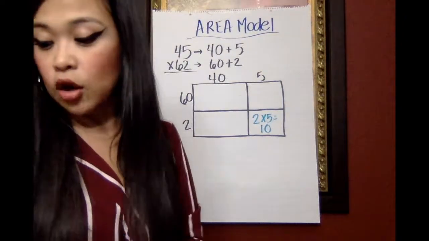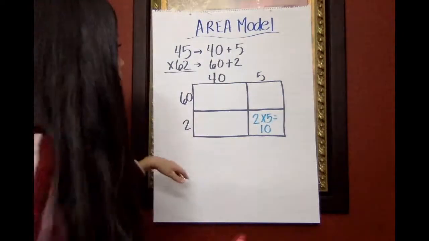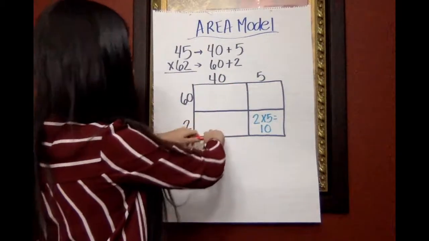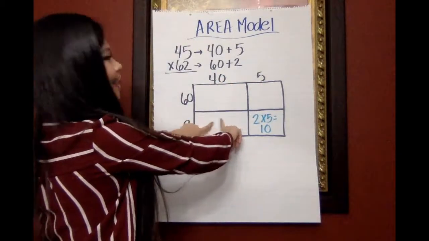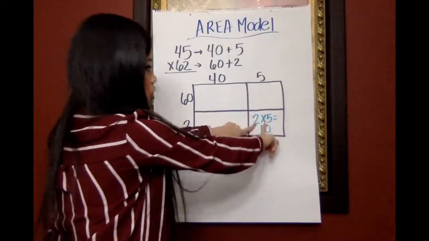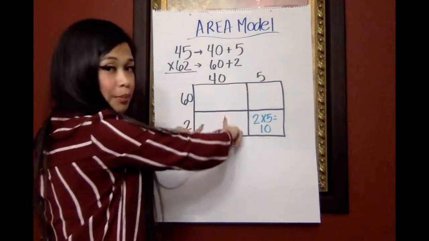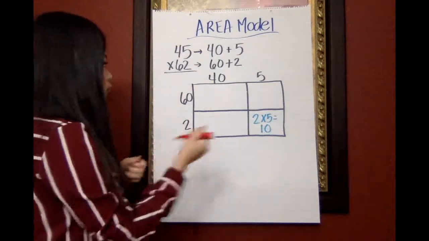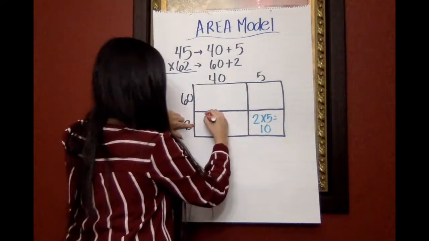And then our second step is to multiply 2 times 40, right? Do you see how it's kind of like a multiplication chart? You have to make sure each number fights against the other number. So 40 times 2.